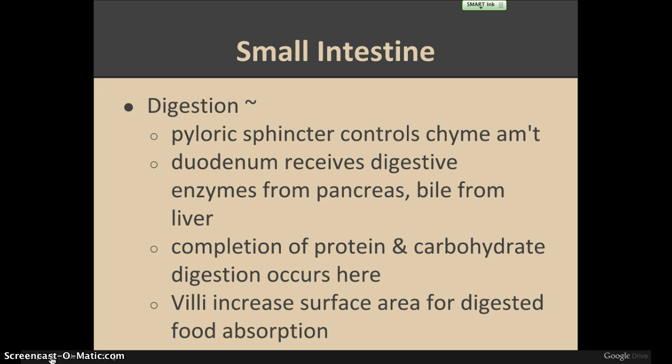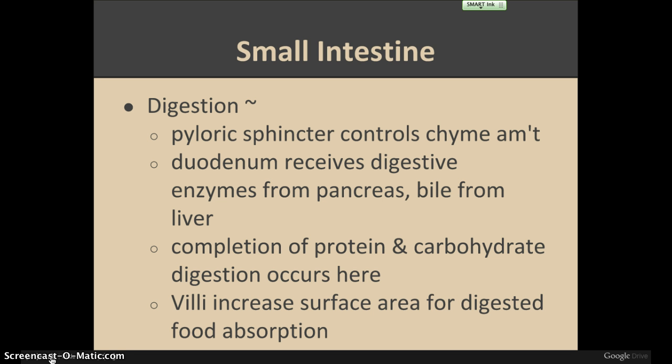The folds of the mucosa and the submucosa layers, which we talked about earlier, that are found in all of the alimentary canal from the esophagus on, they also help increase the surface area. So again, this is where we see that we've got digestion being completed. And so we want to make good use of the surface area of this organ. It's also going to be where we have absorption occurring.